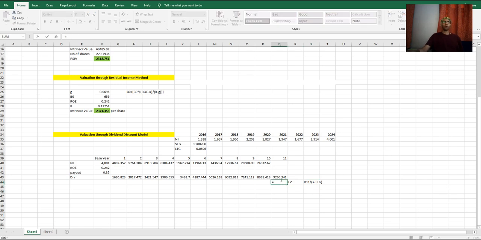This is equal to D11 divided by cost of capital minus LTG. We already have the number, and LTG also we have the number. So this is our terminal value. And these are our dividend values, right?